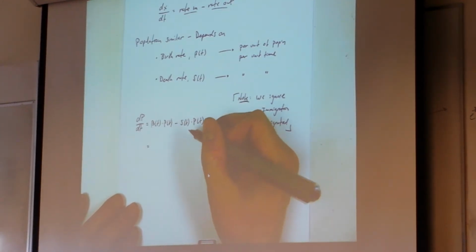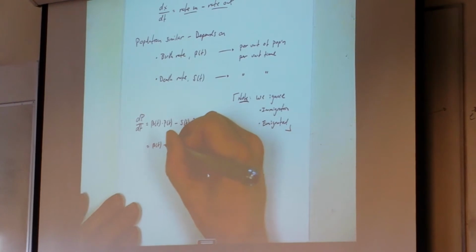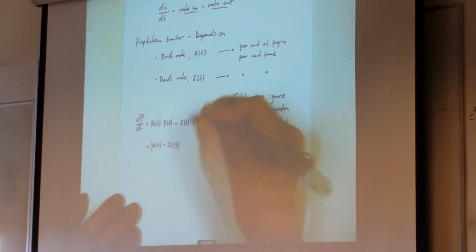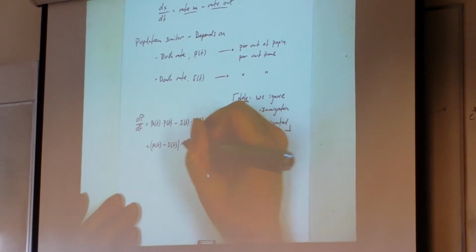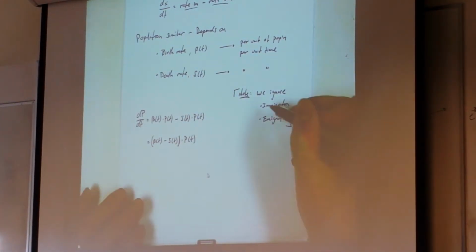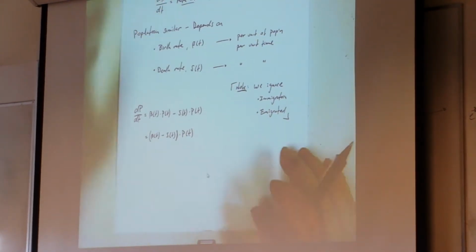So if I factor out that P of t, we get beta of t minus the death rate S of t, all times P of t. Yeah, we're ignoring immigration. This is just a closed population of organisms or people or whatever.